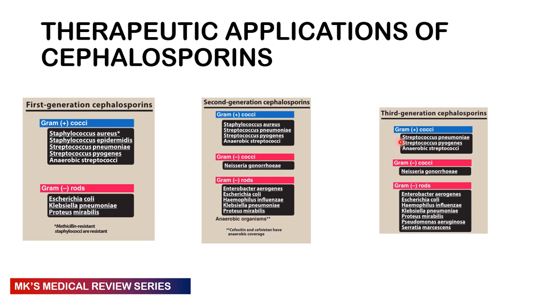Then your third generation cephalosporins are going to be working against gram-positive cocci, similar to this profile, gram-negative cocci, also similar, and gram-negative rods, also similar. So keep the names of these organisms and the drugs that are targeting them in mind, together with the dosages, of course.